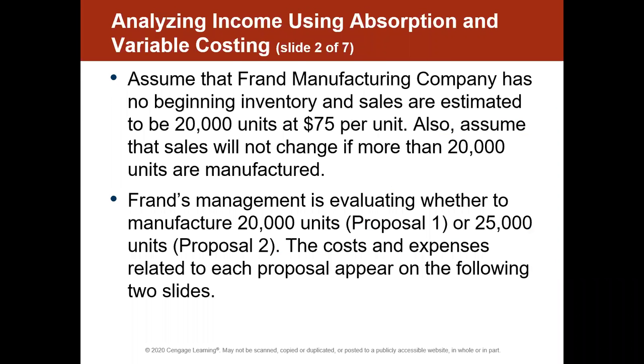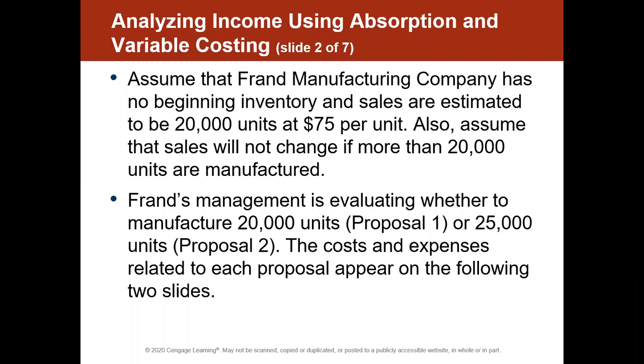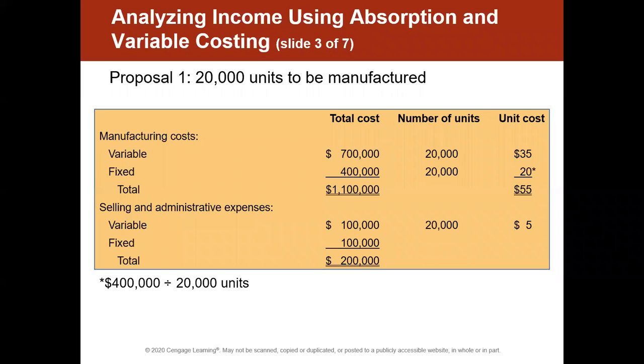Did it say how much they're going to sell them for? 75. So what's the revenue? 20,000 times 75, 1.5 million, minus 1.1 million in costs, which is 400,000 minus 200,000 in selling and administrative. So they're going to make $200,000 profit.